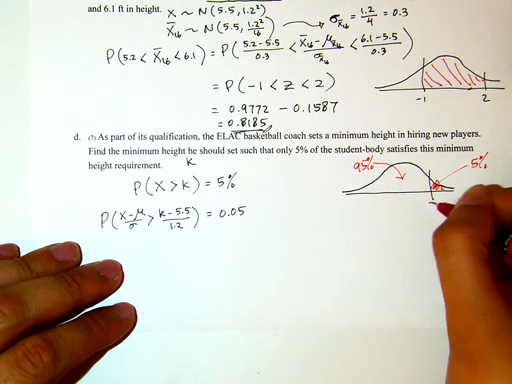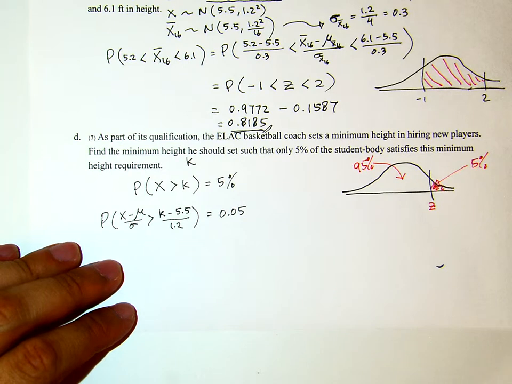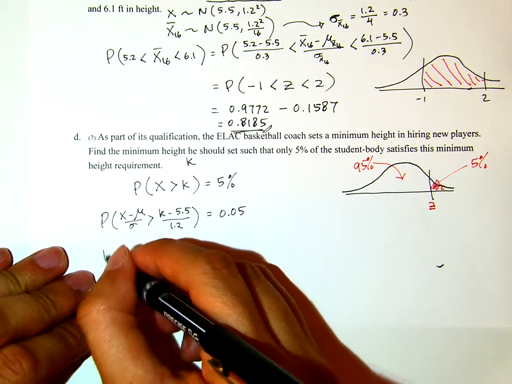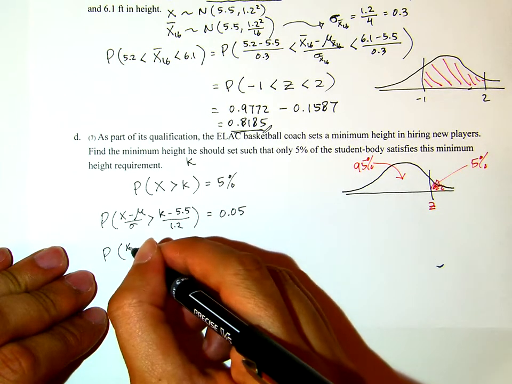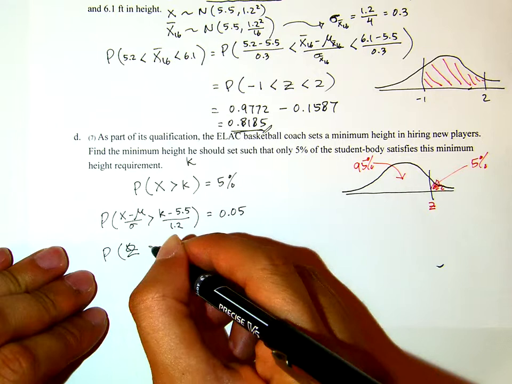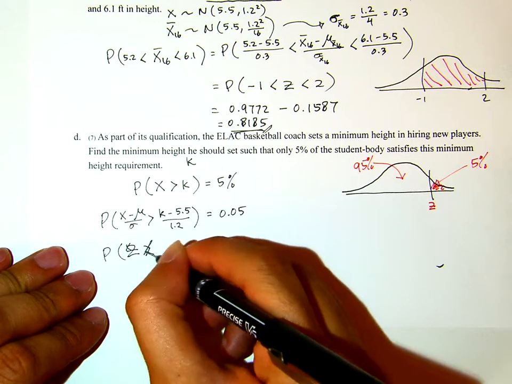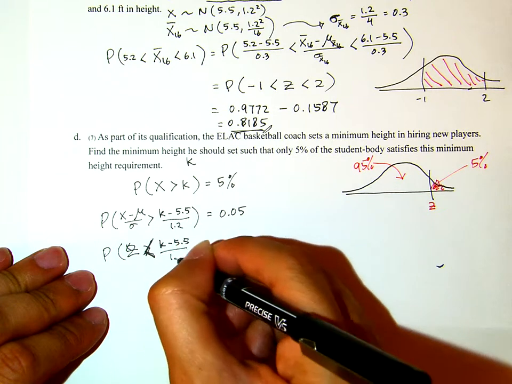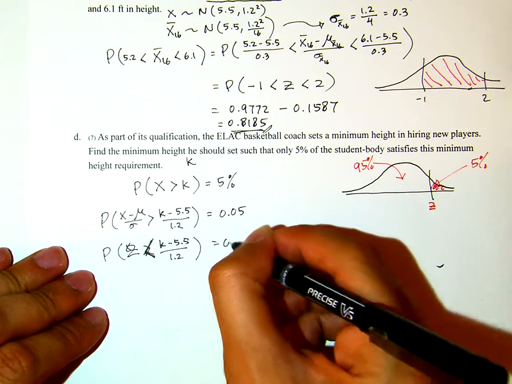Now what is the Z-score for that? Let me twist that around a bit. The probability that Z is less than (K minus 5.5) over 1.2 is 95%.